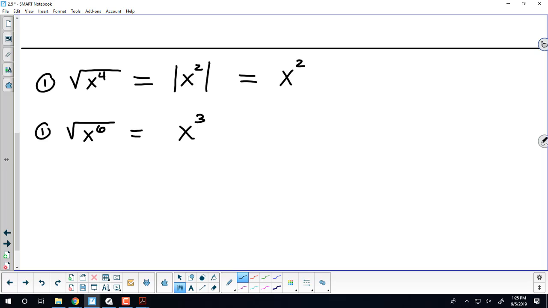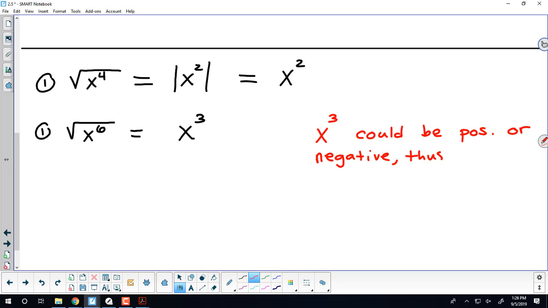Because something to the 3rd power could be positive or negative. So x cubed could be positive or negative. Thus we need absolute value.